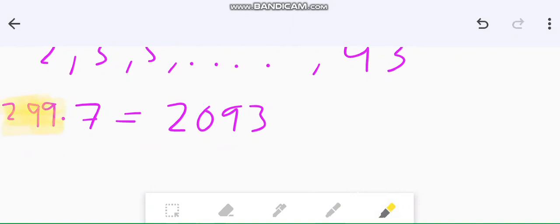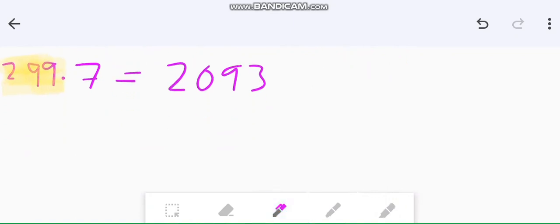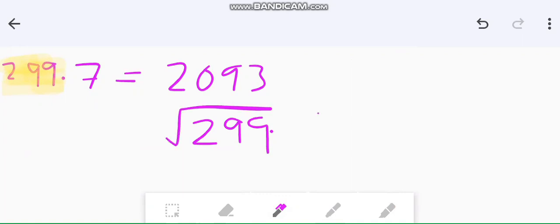Now 299 is a new number, right? If we find the square root, it is obviously again not a perfect square.